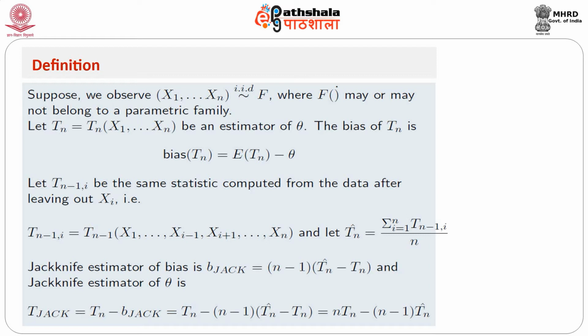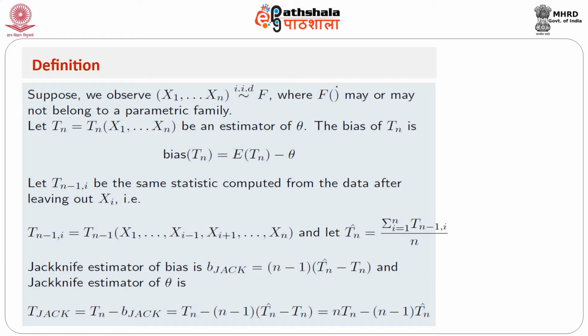Then let us define Tn hat equal to 1 by n summation i equal to 1 to n of Tn-1,i, that is the statistic computed from the data after leaving out the first, then the second, then the third. Like this we leave out all the n observations.